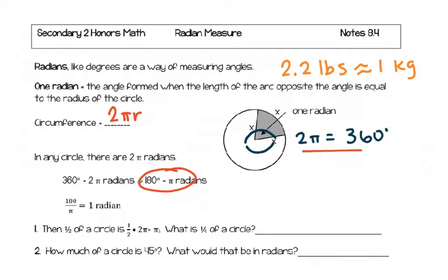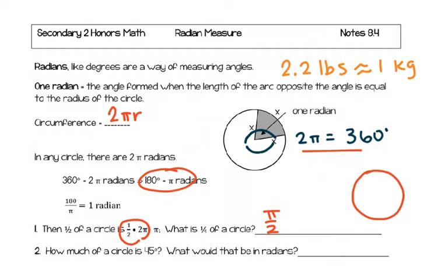Number 1: half of a circle is half of 2 pi, which would be pi. So what would a fourth of a circle be? A fourth of 2 pi is 1/4 times 2, which is 2/4, so 1/2 pi. The way we write that is pi halves. This is a little bit tricky because people think of a circle and they think of pie, like you eat a pie.